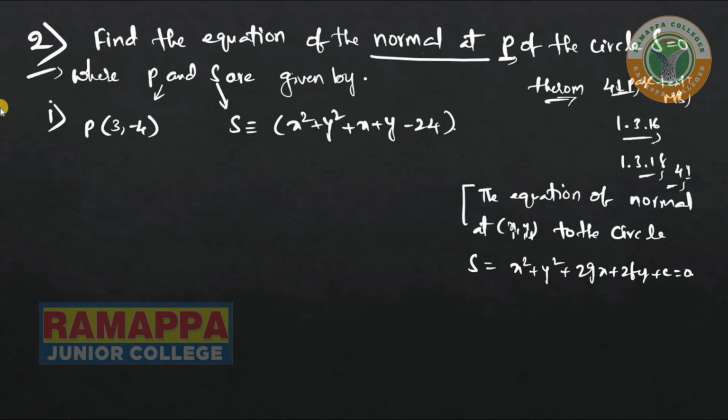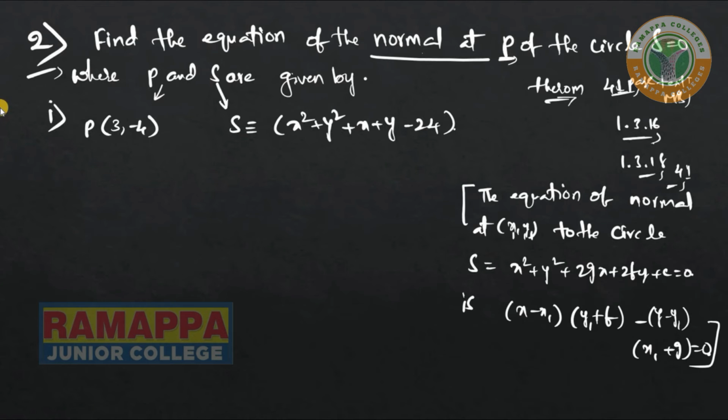The formula will become (x minus x1)(y1 plus f) minus (y minus y1)(x1 plus g) is equal to 0. This is the formula you will find on page 41 of your textbook. We have to use this formula here and find the solution now.